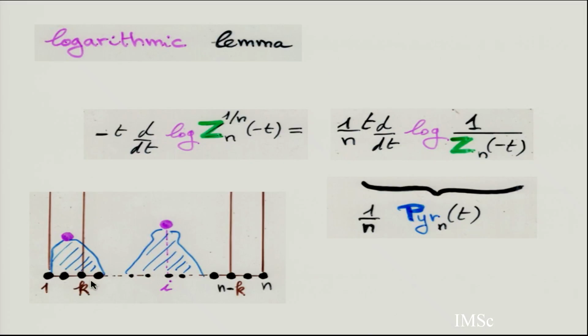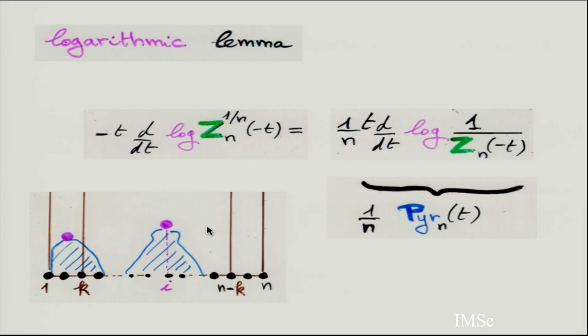And then when n goes to infinity, if you fix k, this segment is going to be very, very big. And if you take the first terms of the generating function of pyramids centered on the point i, these will be independent. All these pyramids will have the same first terms.